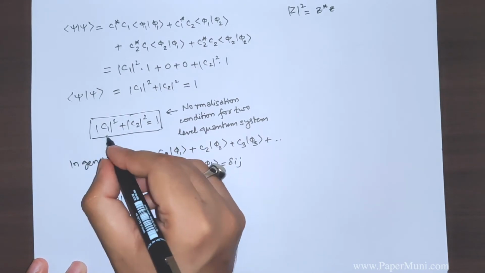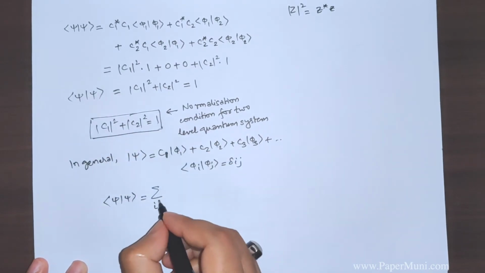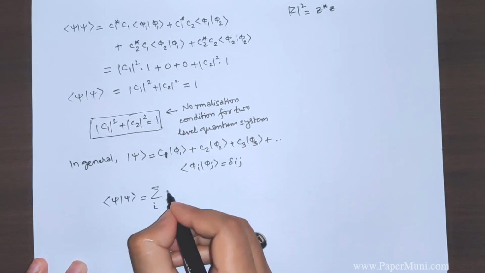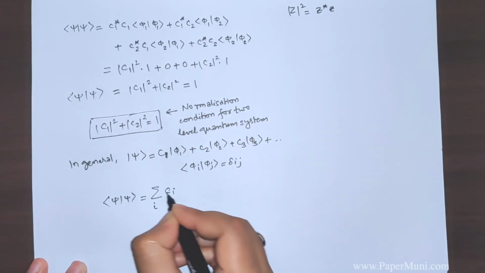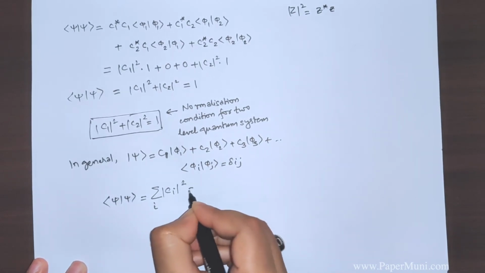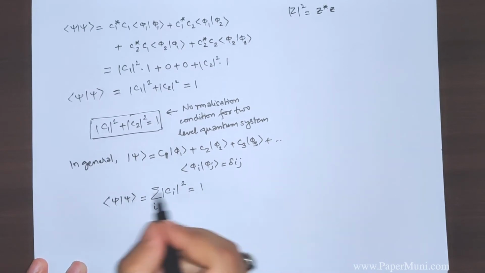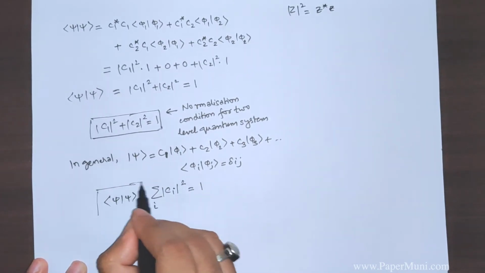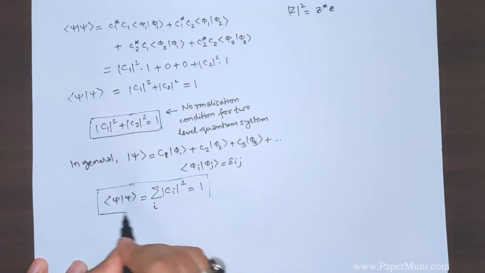Here it was two states, so we had two terms, C1 and C2. Now here we have n number of states, so the summation will be from 1 to n, and this is the normalization condition. So you should remember this form.